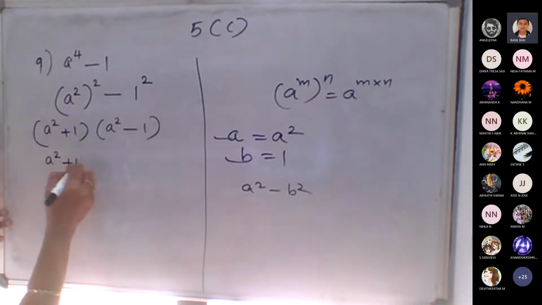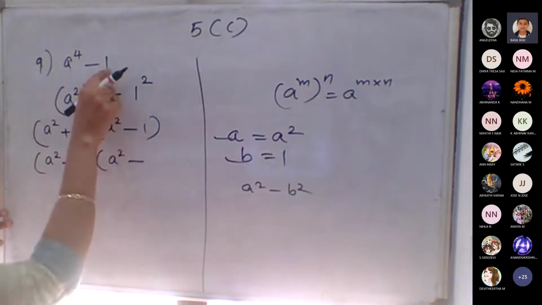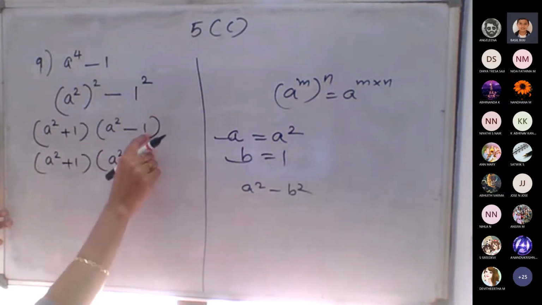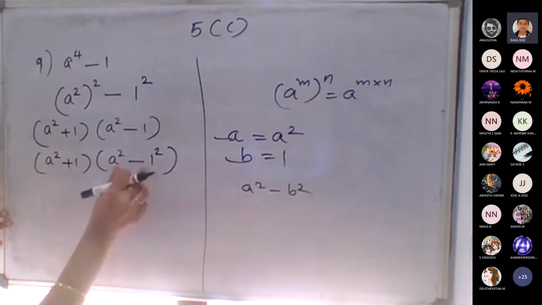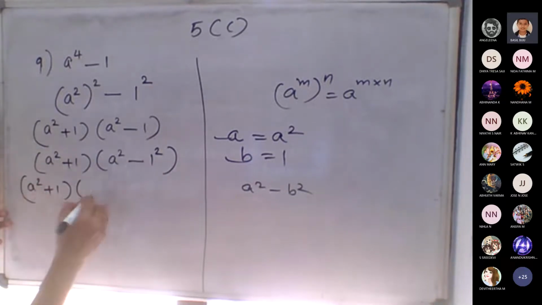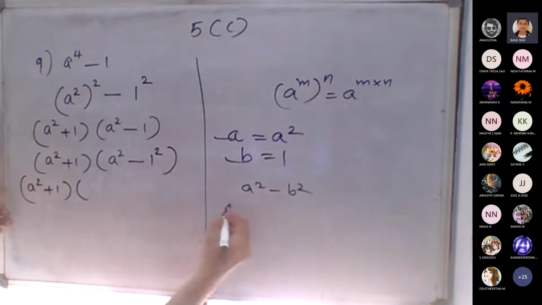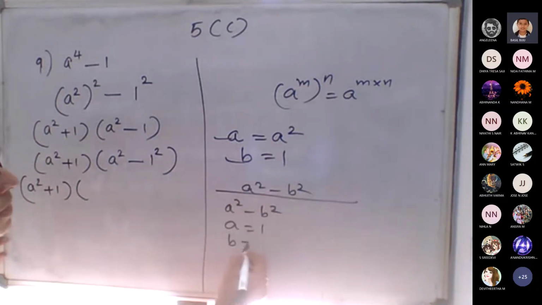So a square plus 1 we can't do anything. Then this we can write as a square minus, same way, 1 we wrote as 1 square. So this is in the form of again a square minus b square, where a stands for a and b stands for 1.